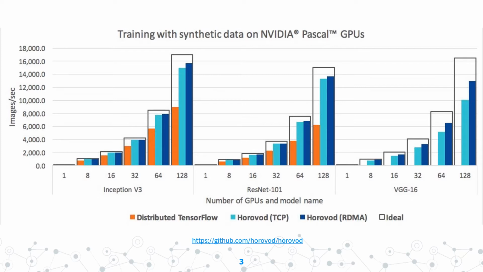The most commonly used method for distributing the training is synchronous stochastic gradient descent, or SSGD for short. In SSGD, each worker computes its gradient on a different batch of examples. The gradients are then averaged across all workers, and the parameters are updated with the average gradient.